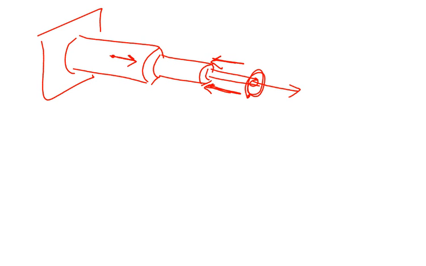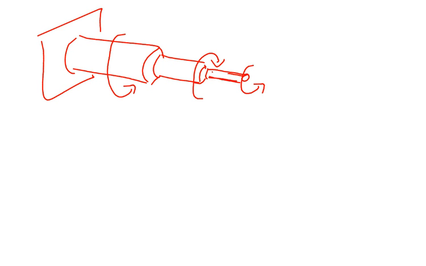Well, we can now change this problem around a little bit, where instead of applying forces, we're going to apply torques. So I might apply a torque here, a torque here, a torque there. And now, instead of finding the deflection at that free end, we're going to find the angle of twist at that free end.